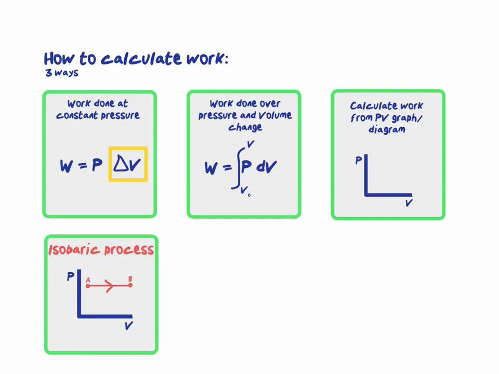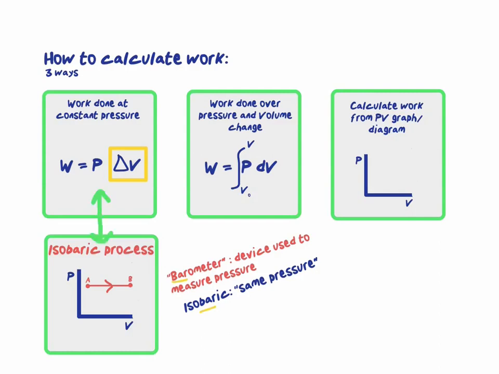If you think of the term barometer, that is something that measures pressure; isobaric means that the pressure remains the same. So from point A to point B, there is a volume change, but there is no change in pressure. In this case where pressure is constant, I can use work is equal to P delta V to calculate work done. Now we will get into that in a little bit more detail in a minute or two.